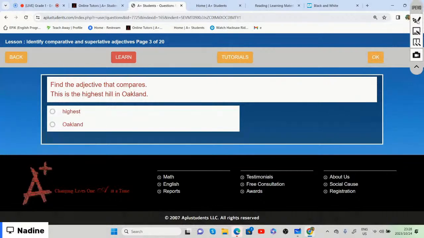So we need to say also if it's a comparative or a superlative adjective.